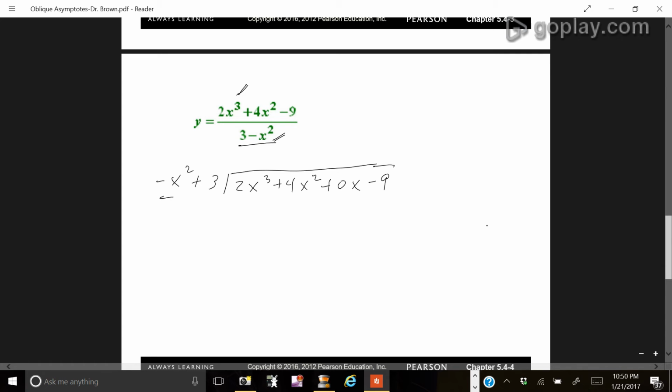And minus x squared goes into 2x cubed minus 2x times. Minus 2x times minus x squared is 2x cubed. 3 times minus 2x is minus 6x.